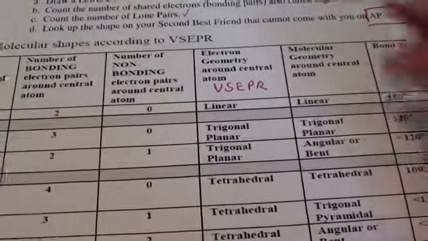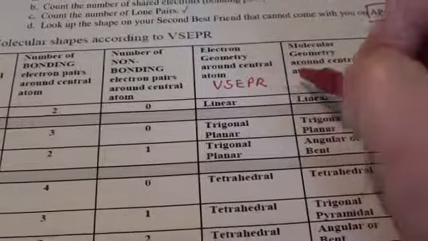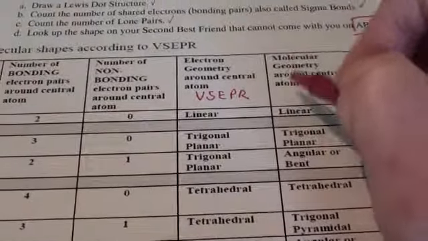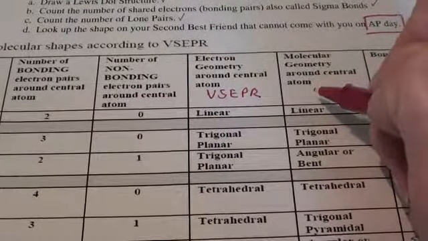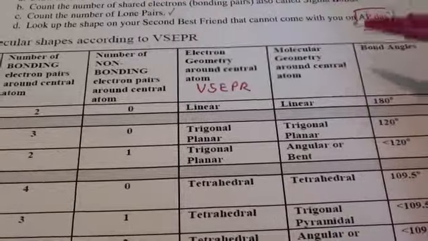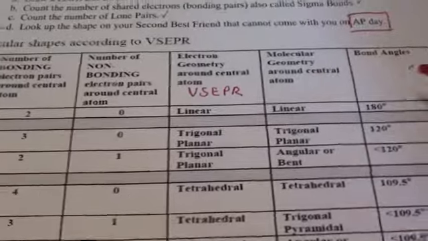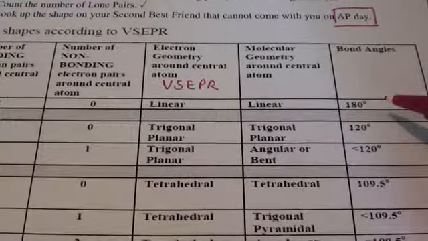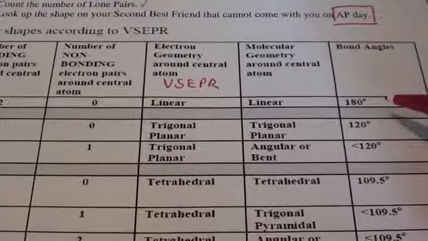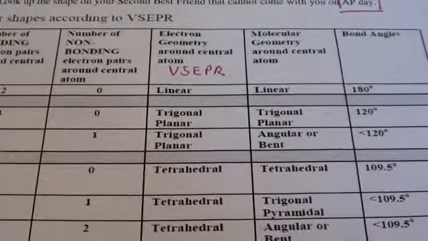And the molecular geometry, which is a different thing, is based on VSEPR, but it really has to do with a three-dimensional molecule in space. It will also be linear, and the bond angle, which you need to memorize, will be 180 degrees.